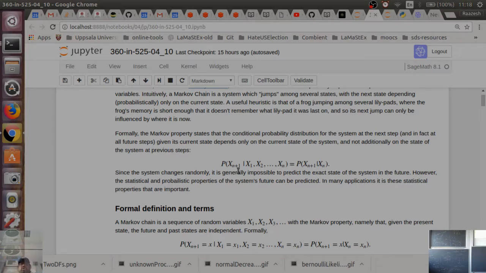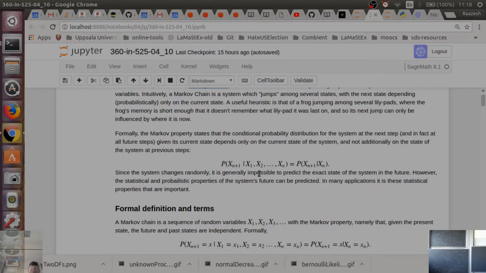The n plus 1 random variable, given all the random variables before, since the beginning, is only going to be the conditional probability of x n plus 1 given x n, which is a nice simplification because you can ignore the history up to where you are, right?